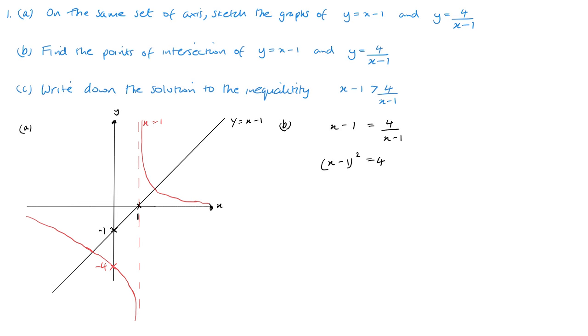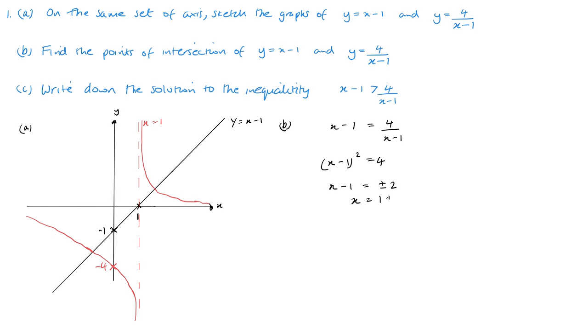And we've got this. Now I could expand and then simplify and so on. But I can see that that 4 is a square number. So if I take the square root, I get x minus 1 equals plus or minus 2.